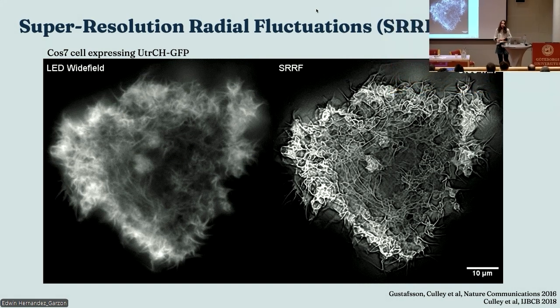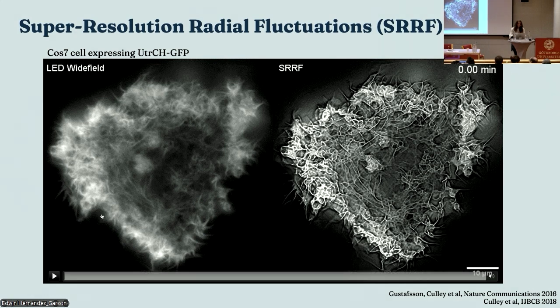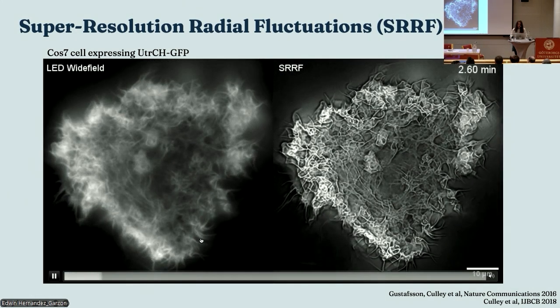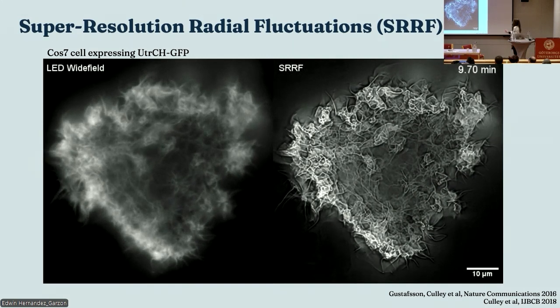You could just go to your wide field or confocal fluorescence microscope, acquire a time series, and run some image processing, and it would convert you from some kind of sad-looking LED wide field data into this improved contrast, improved resolution data set. And we could also do this, if I could find my mouse, there we go, for live cells. So you can see you can image for quite a long time, and it's just a computational method.